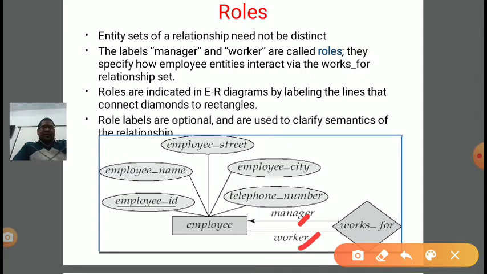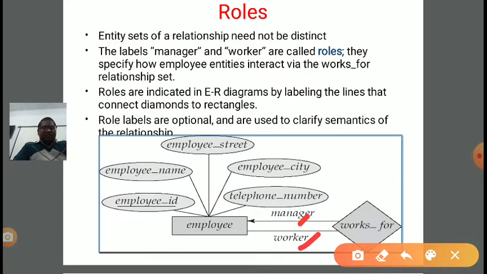They specify how the employee entity interacts via the works for relationship set. Employee is related with works for in the worker manner. Similarly, works for is related with employee as manager.